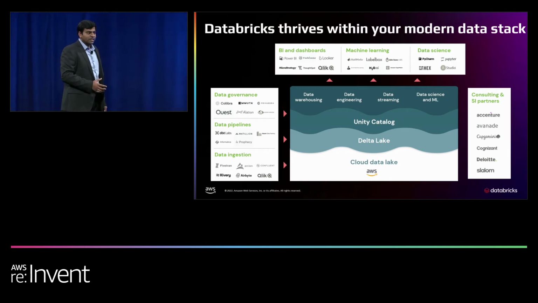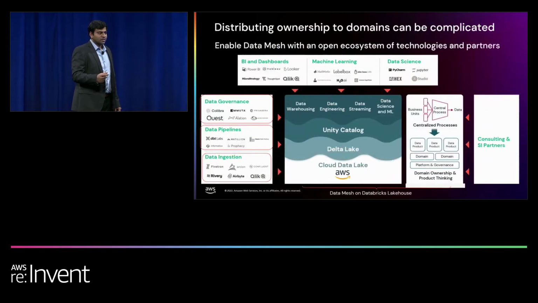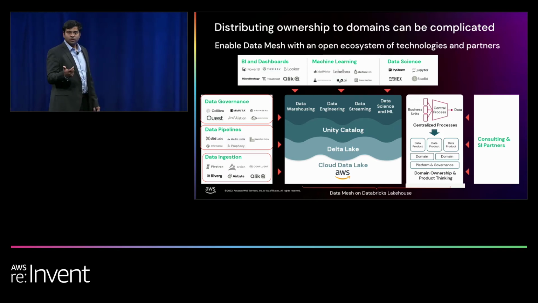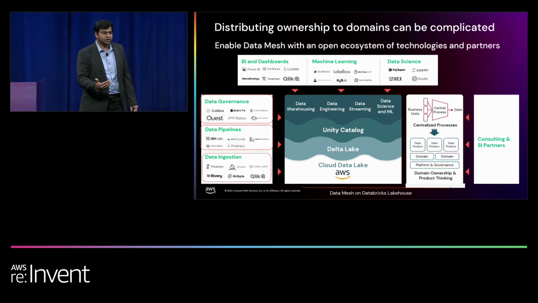Now, I talked about the anatomy of a data product, talked about enabling data fabric and data mesh. How this Lakehouse platform on Databricks allows you to build a data mesh is like so, right? Without changing or re-architecting what you have built so far, now you have an ability to build the data mesh on the data Lakehouse platform.